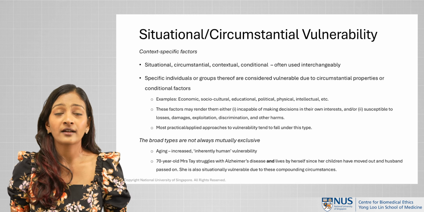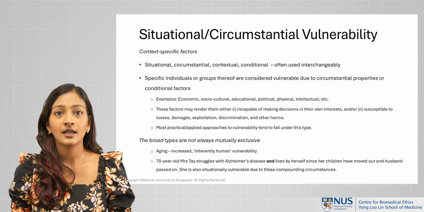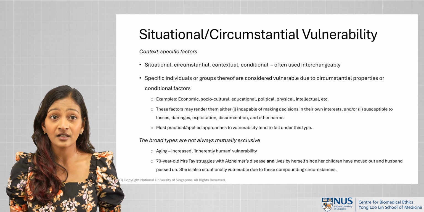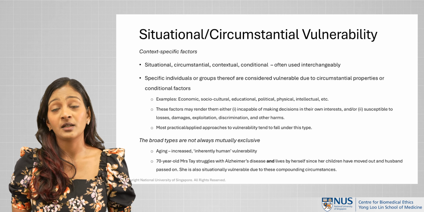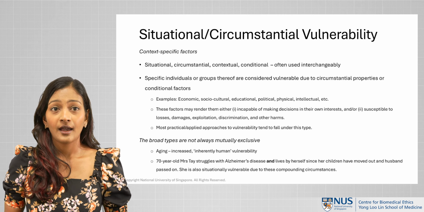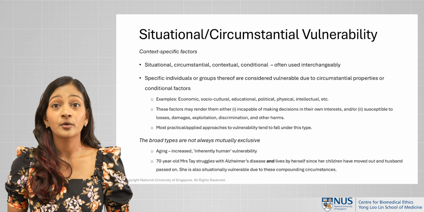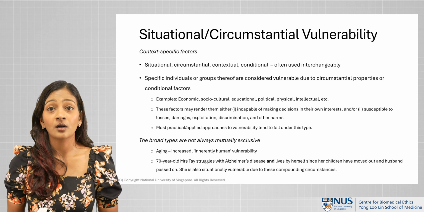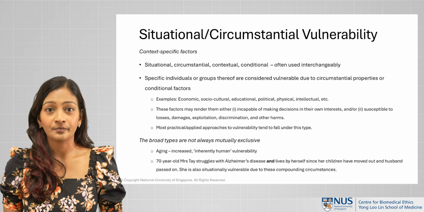In fact, most practical or applied approaches to vulnerability tend to fall under this type, since there is usually one common objective, which is to identify the defining traits or circumstances which can render certain people vulnerable. And these broad types are not mutually exclusive. Many approaches to defining vulnerability start with the recognition of its ontological or inherent dimensions and follow up with specification.